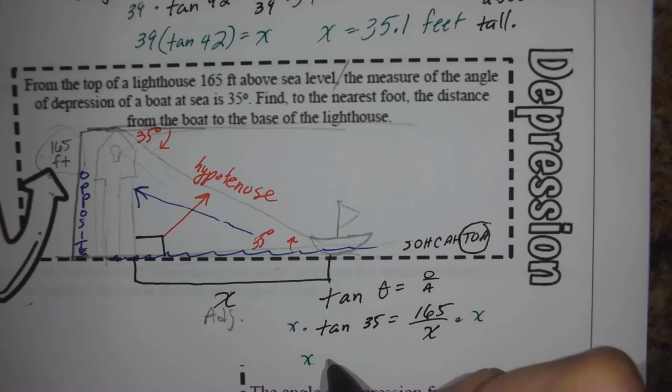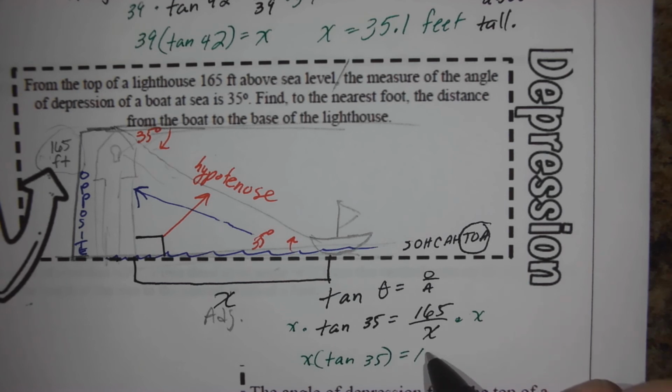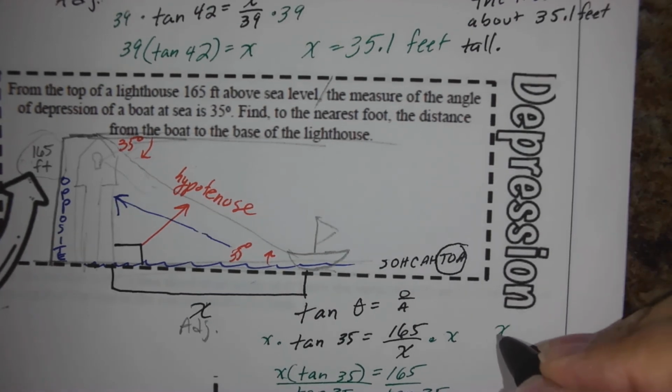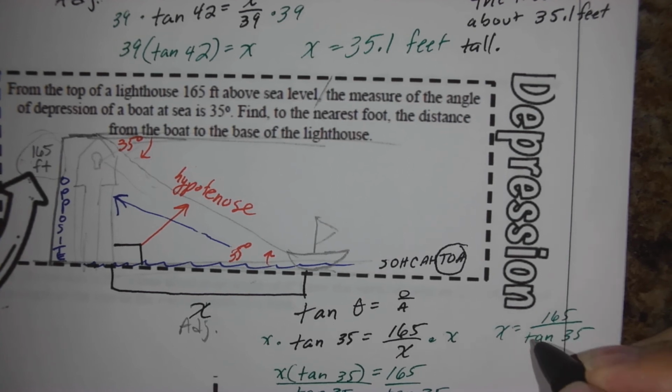That gives me x times tangent 35 equals 165. Then you're going to divide by tangent 35 so that you can get the x by itself. So x is equal to 165 divided by tangent 35. Go do this on the calculator. We'll be right back.